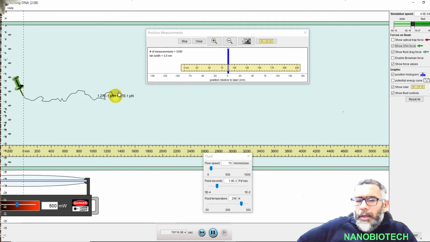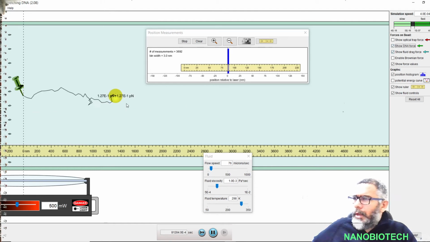So these two forces must balance each other so that there is no motion of the sphere. Okay, this is how you produce some distance, some relocation of the sphere, by just playing with the flow speed. Since we have now checked the values of the forces, DNA and drag forces, you can measure the forces by just seeing these numbers over here. What happens if you drop this flow speed?